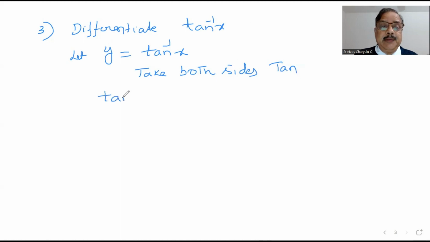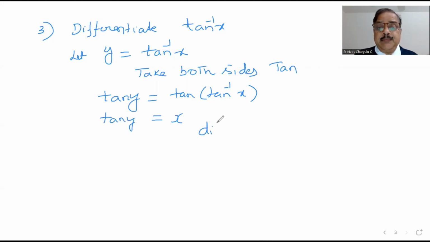Tan y is equal to tan of tan inverse. Tan of tan inverse means they get cancelled and you are left with x this side, here tan y. So differentiating both sides with respect to x. You have to write all the time with respect to x, remember this.